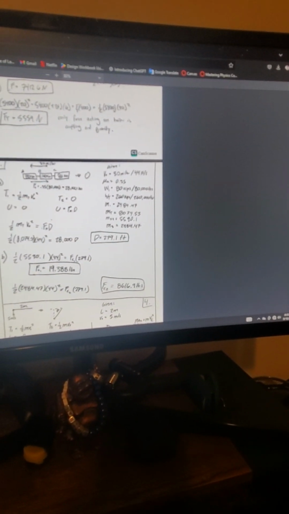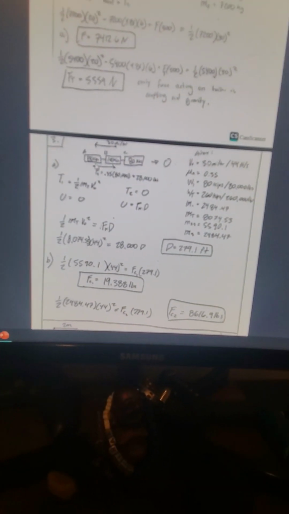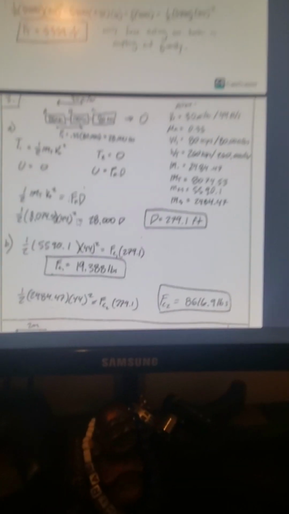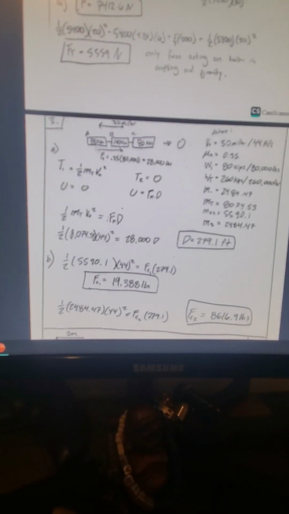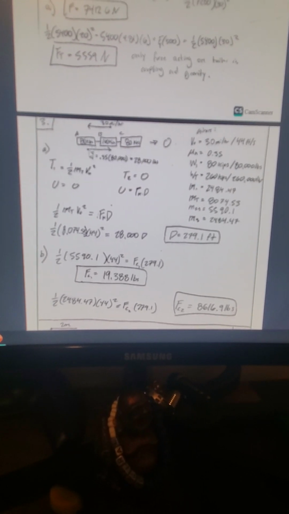So for 3, this one is the train car one. This was a good problem. So basically, how I solved this one is I did it for the entire train. First, all the masses put together, using just the normal force from the initial car, because the only car braking is car A, right?